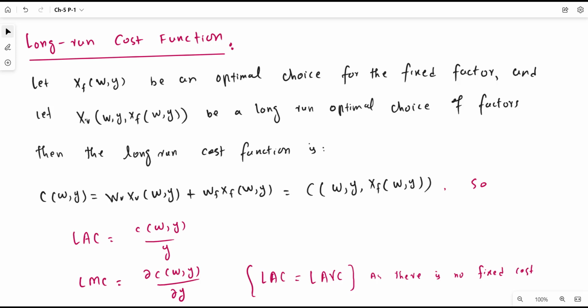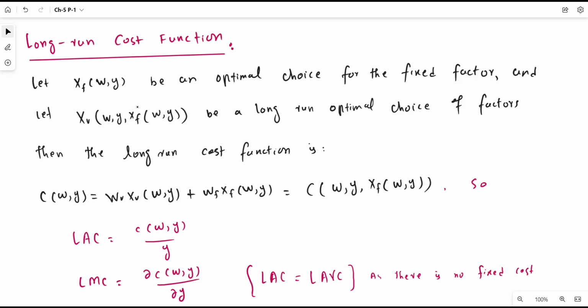So the conditional factor demand function for the variable input can be represented as a function of the input prices, output, and fixed input, which depends upon the price of the fixed input and output level.